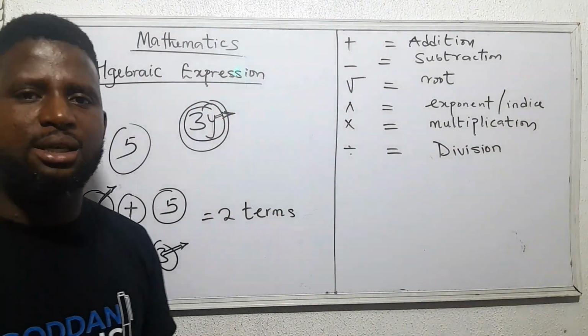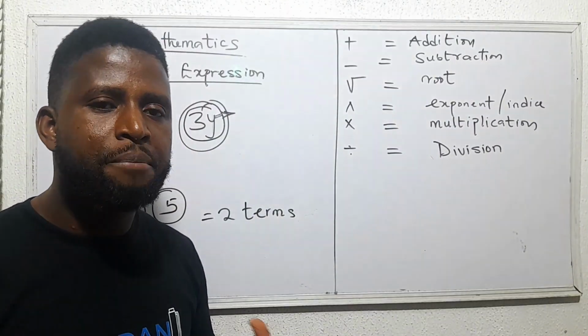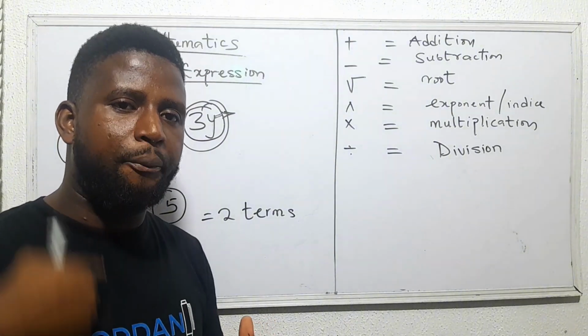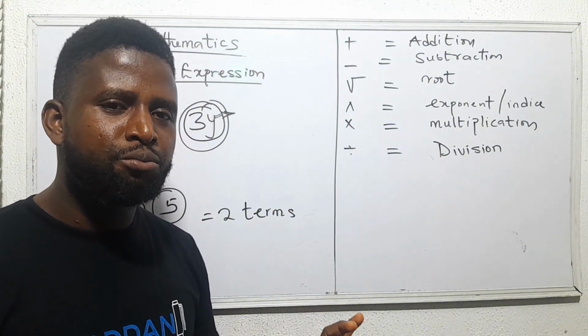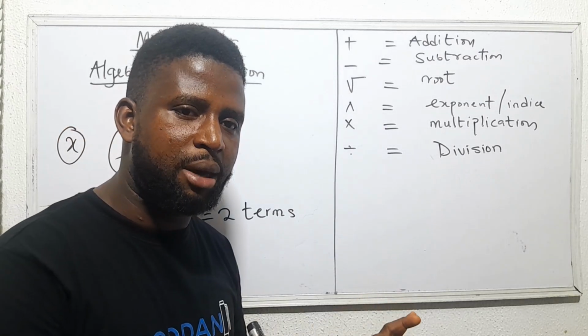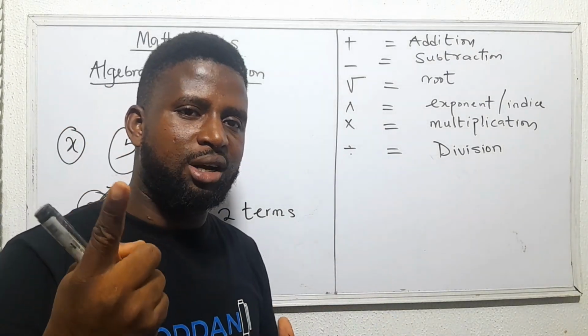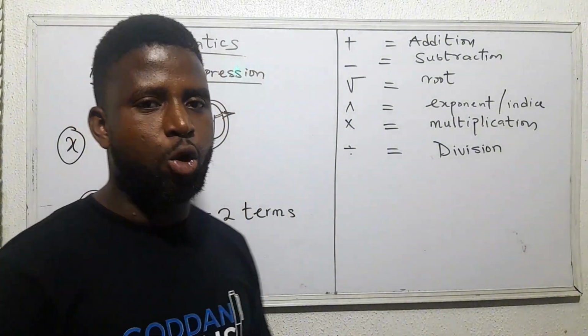So in mathematics, an operator is a symbol that indicates that an operation is to be carried out. So an algebraic expression is a mathematical statement that contains either a single term or more than one term connected together by an operator.